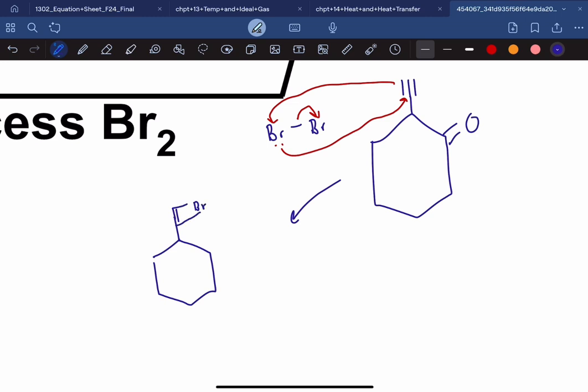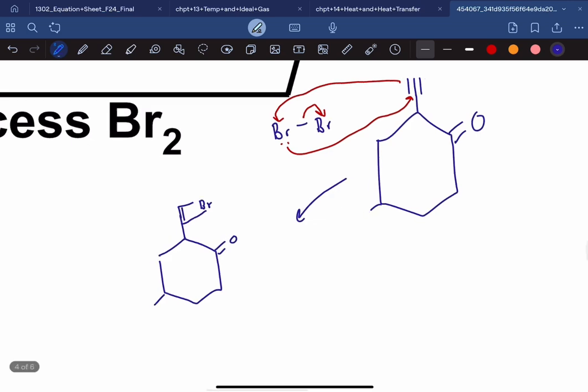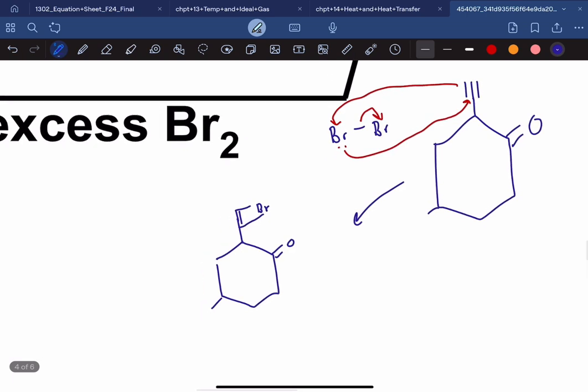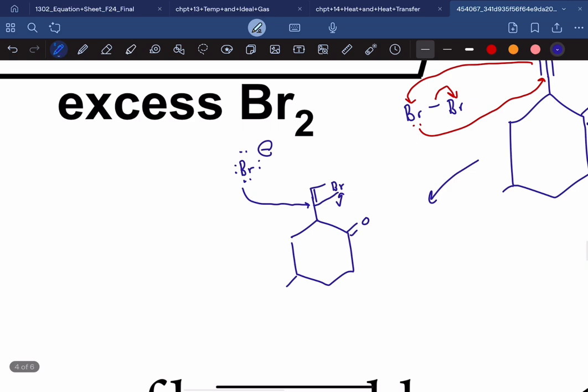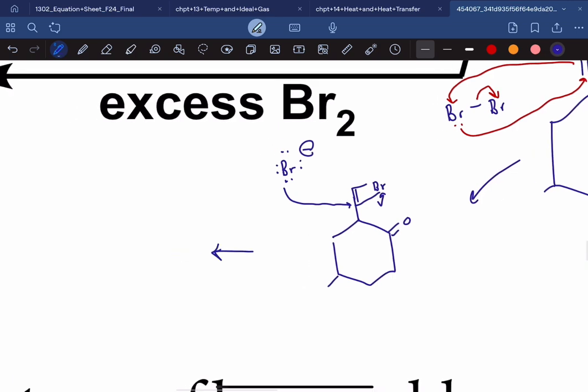It looks really weird, but it just adds a bromine there. So that's the first step. And then another Br will come through, the Br minus you formed will come attack and kick that off, and then you'll end up with something like this. And it'll be an alkene with Br.